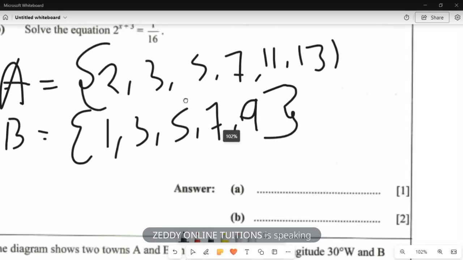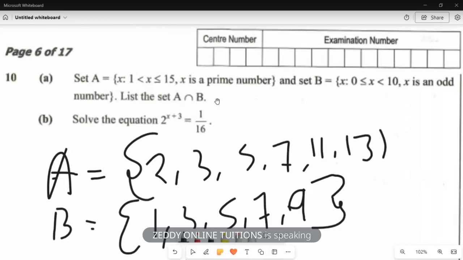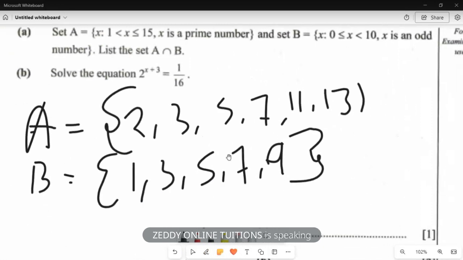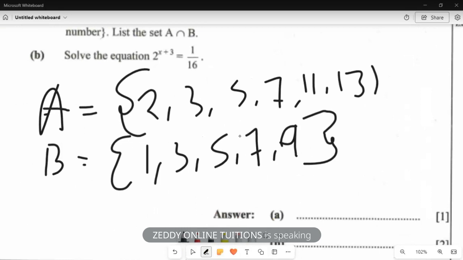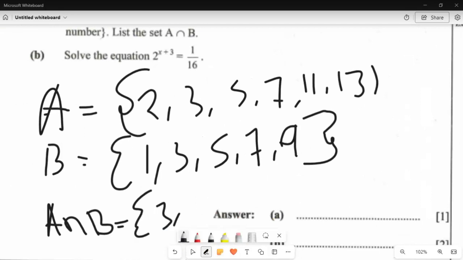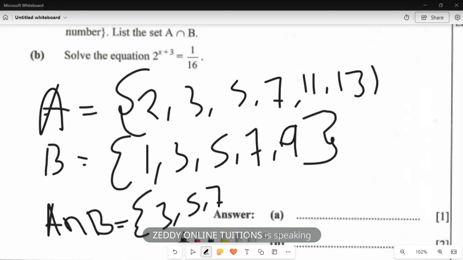This question is telling us to list A intersection B. Which numbers are found in both sets? So A intersection B is equal to 3, 5, 7. That's all. Okay, so just like that, we are done on this one. Let's move to the other question.